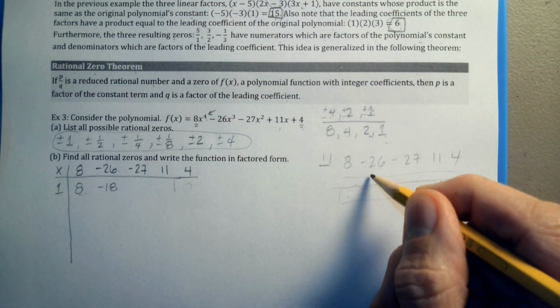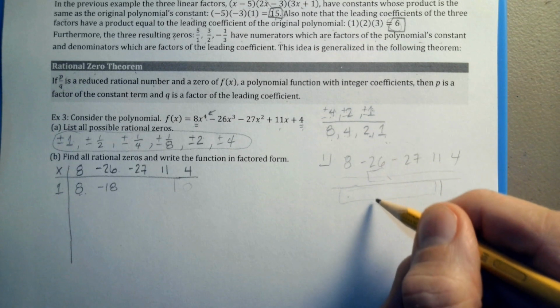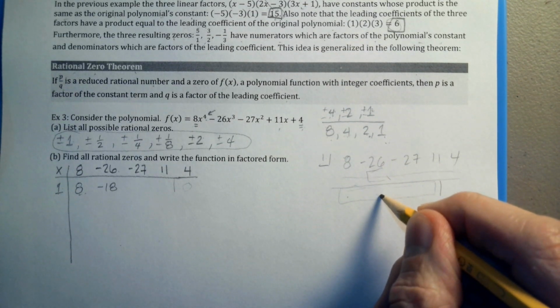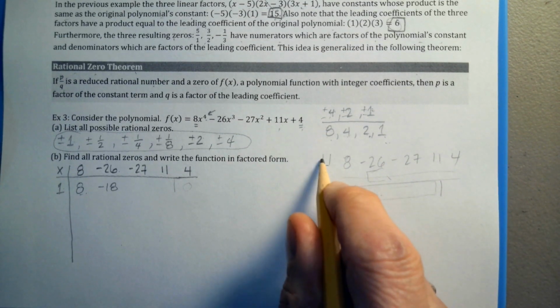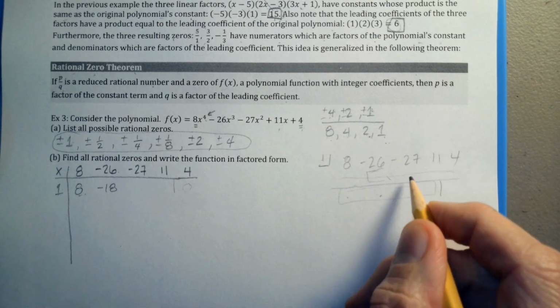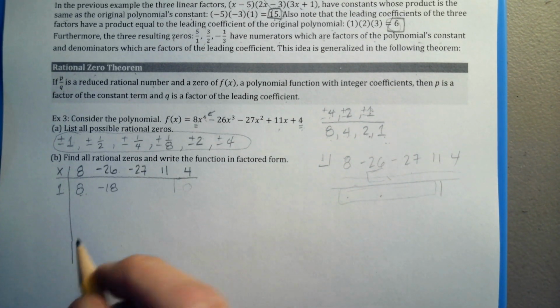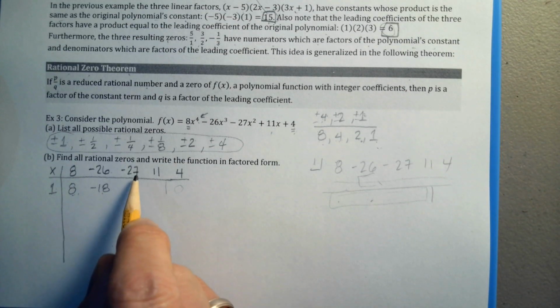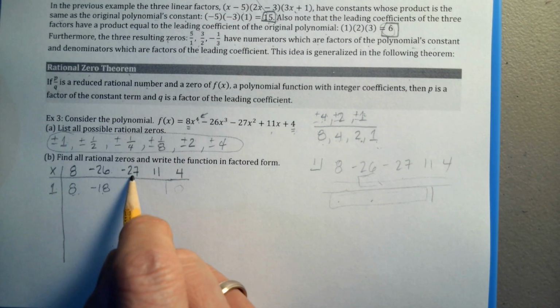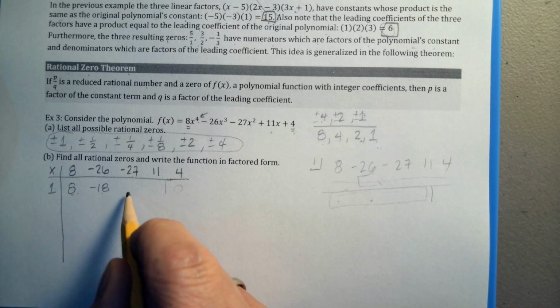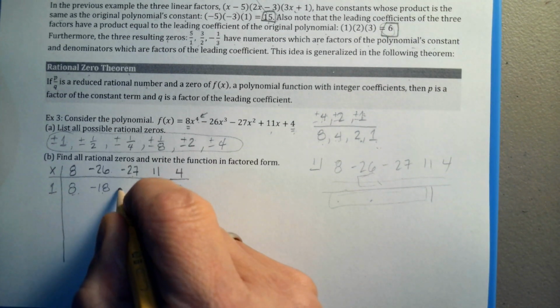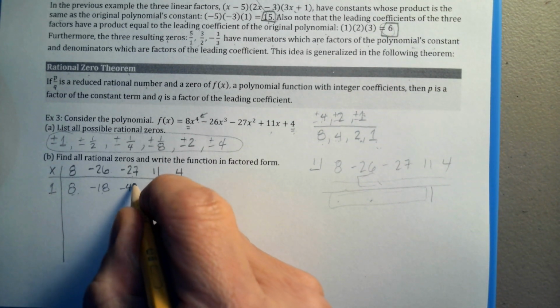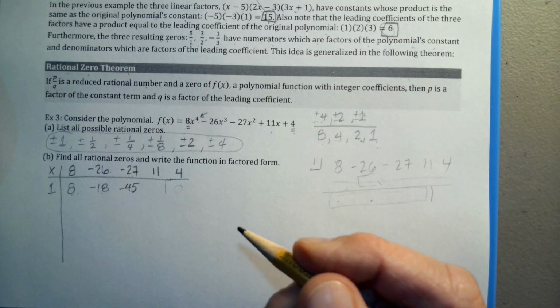We're just, in our minds, putting the number and adding it down and getting negative 18. Then we multiply the 1 by the negative 18, except we're not writing that up here. So 1 times negative 18 is negative 18, add that to negative 27, and that's negative 45. Again, it takes a little bit more concentration.